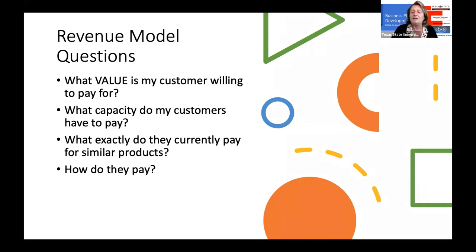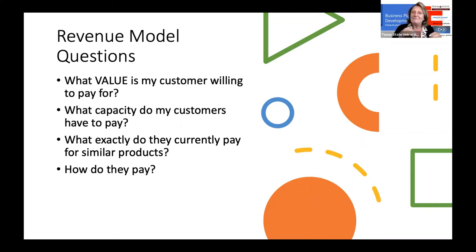We're looking at our target market. That's why it's so important we talk about that value proposition there on the business model canvas. That value is so important because it's going to help us decide how we might be doing our pricing. What capacity do my customers have to pay? What is their discretionary income that they have available to pay?